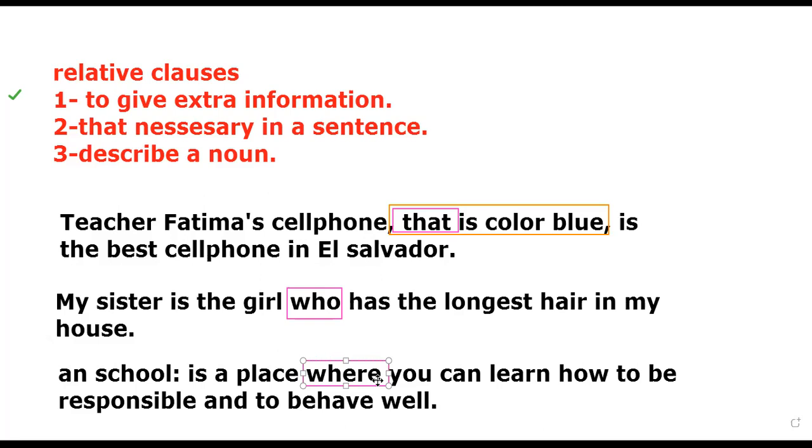Example, I am the best student who had the best grade in the classroom. I am the student who had the best score, the best grade, the best average in the classroom. Average, promedio. Got it?